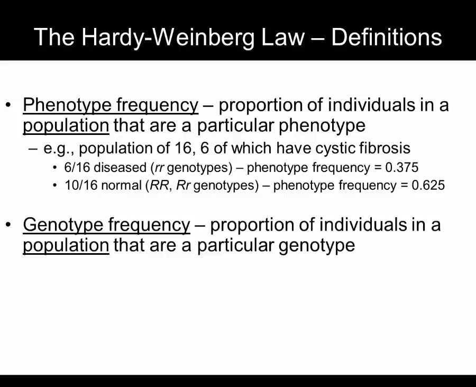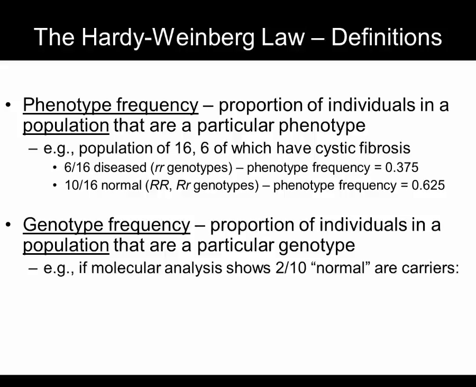Analogously, genotype frequency is the proportion of individuals within a population that have a particular genotype. While phenotypes can be easily observed, determining genotype often involves molecular analysis, since homozygous dominant individuals and heterozygotes are often indistinguishable. So suppose we learn that 2 of the individuals with the normal phenotype are carriers.